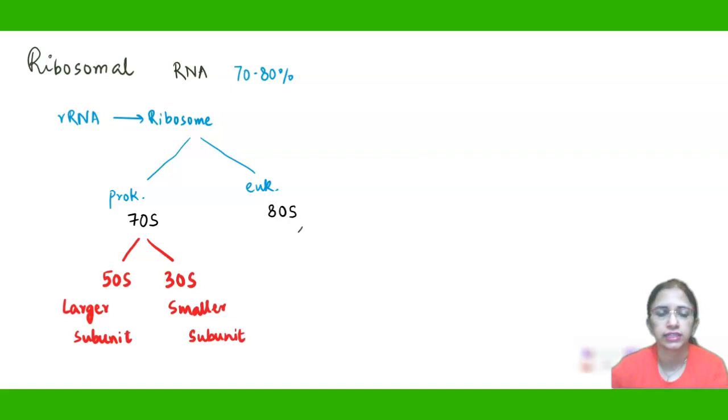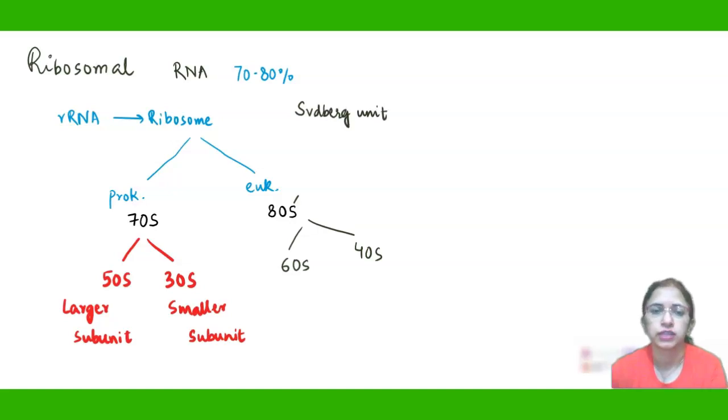Whereas in the 80S, the larger subunit is 60S and the smaller subunit is 40S. Okay, so the S unit is there after 80. It means Svedberg unit. This is also known as sedimentation coefficient.